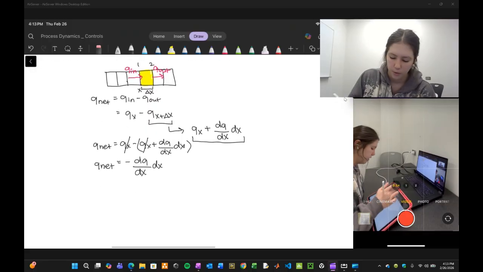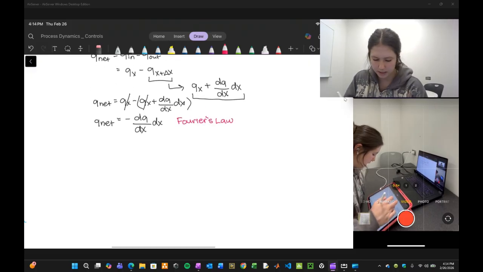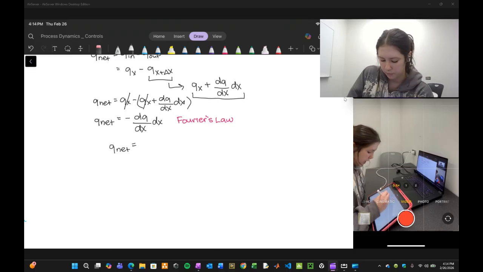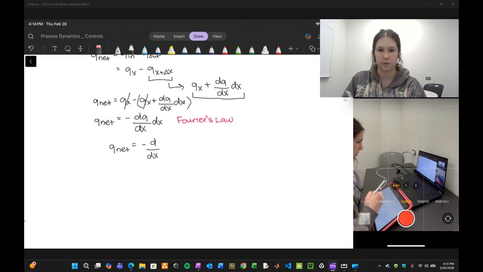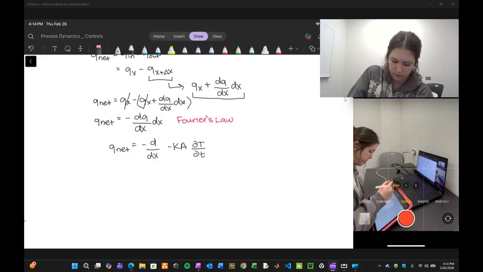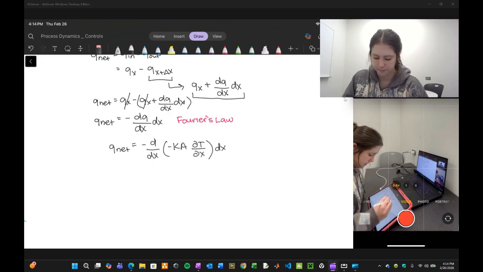So now we can apply Fourier's law. If we rewrite it using Fourier's law, it will look like the negative change with respect to x of negative KA times the change in temperature with respect to position, times dx.